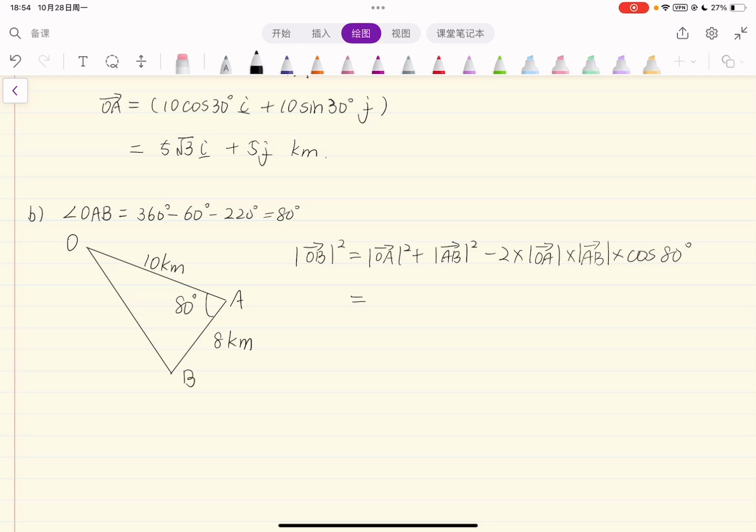That equals 10 squared plus 8 squared minus 2 times 10 times 8 times cosine 80 degrees.